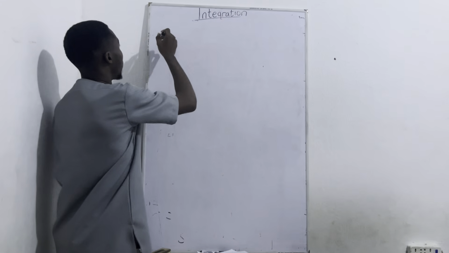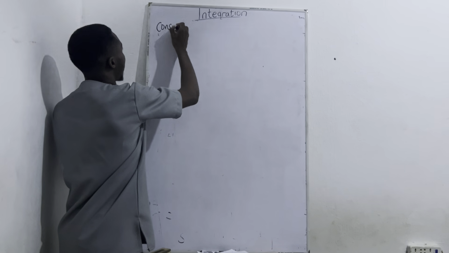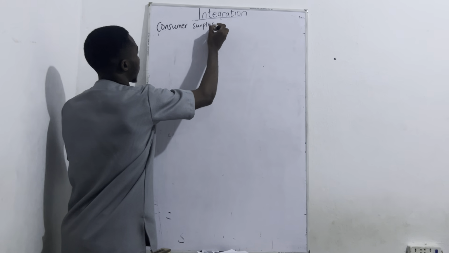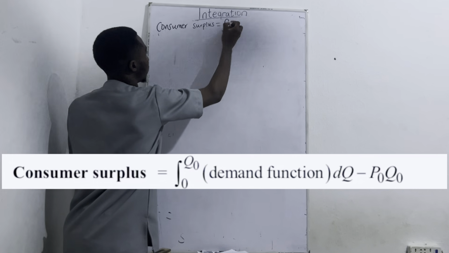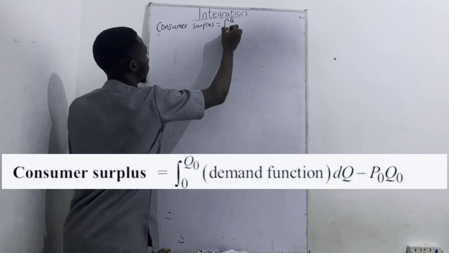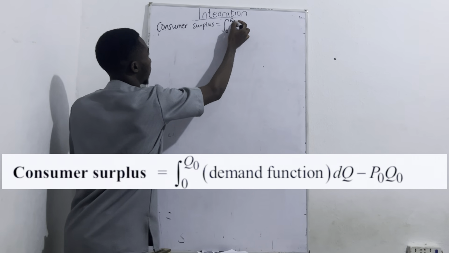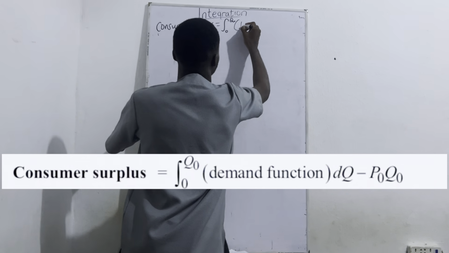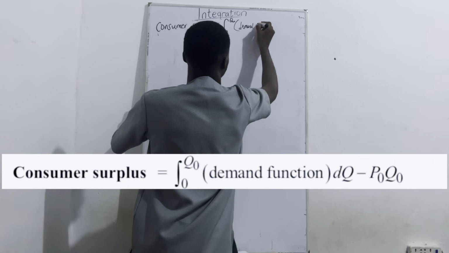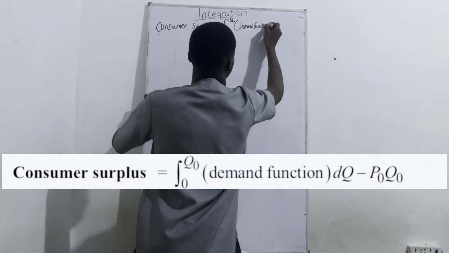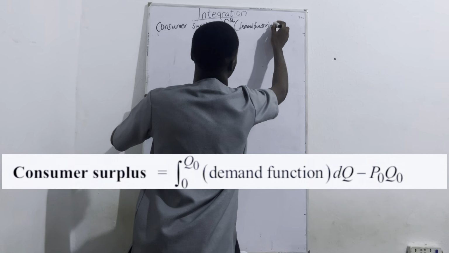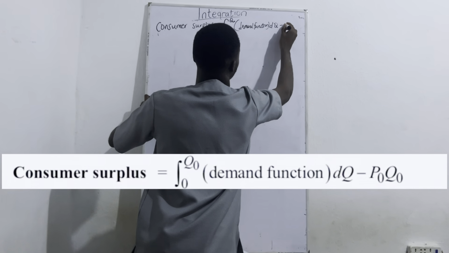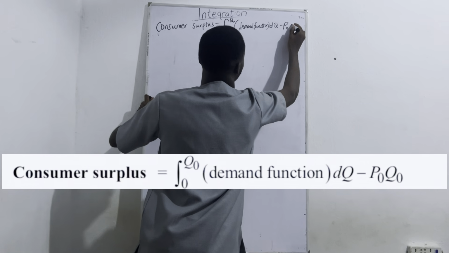So the formula for the consumer surplus, that's for integration. So consumer surplus is equal to the integral from 0 to Q0 of the demand function dq, minus P times the quantity.